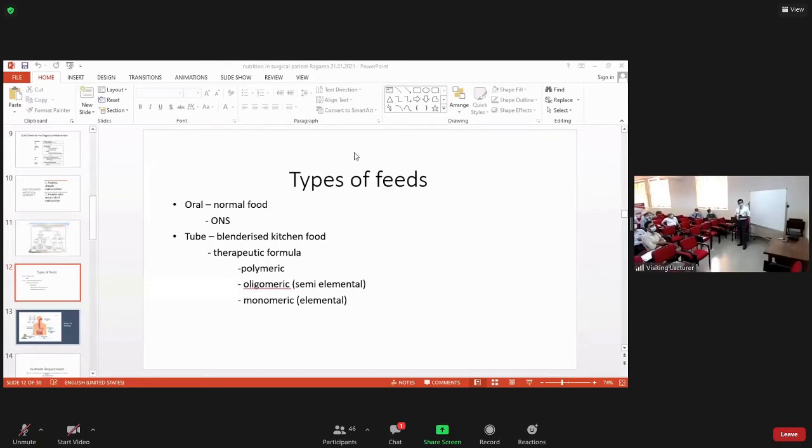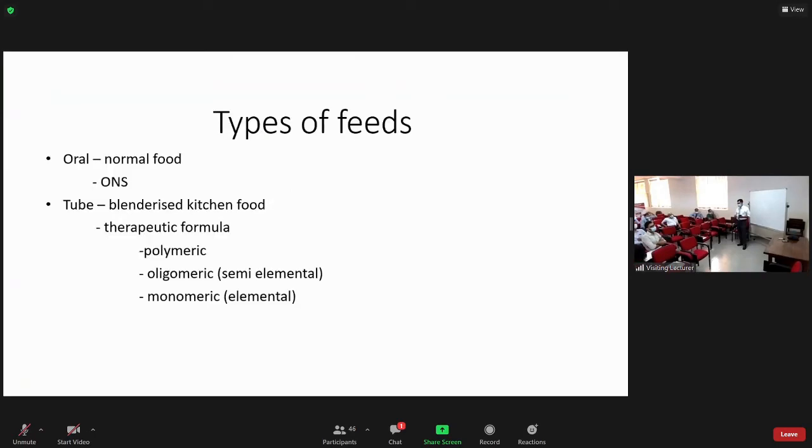Then for tube feeding, we can use either blenderized kitchen food or therapeutic formula. But in the ASPEN and ESPEN guidelines, they don't recommend blenderized kitchen food for tube feeding. However, considering the cost and other factors, in Sri Lanka we use blenderized kitchen feed.